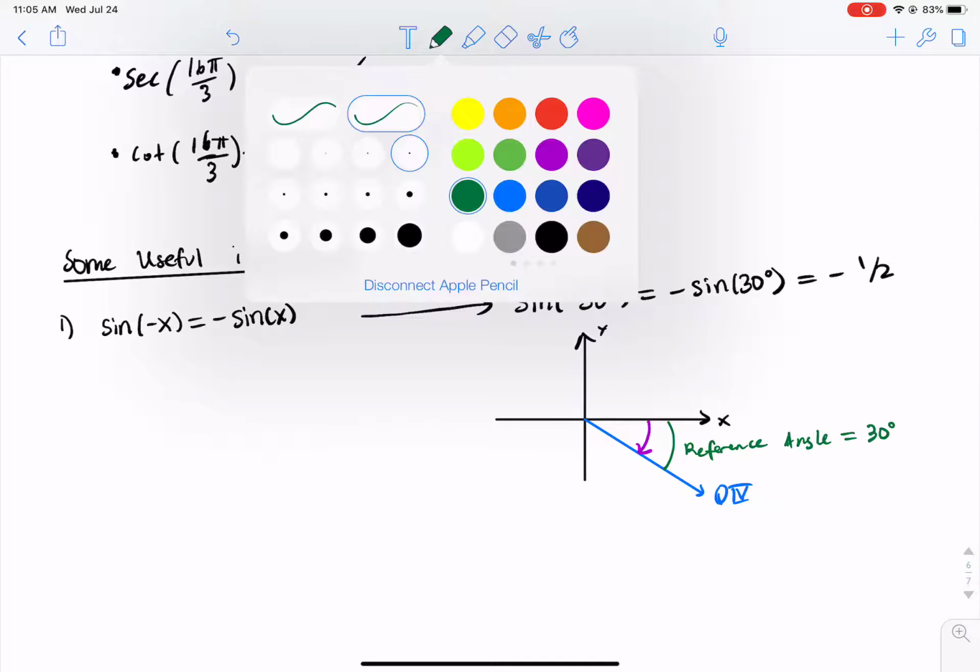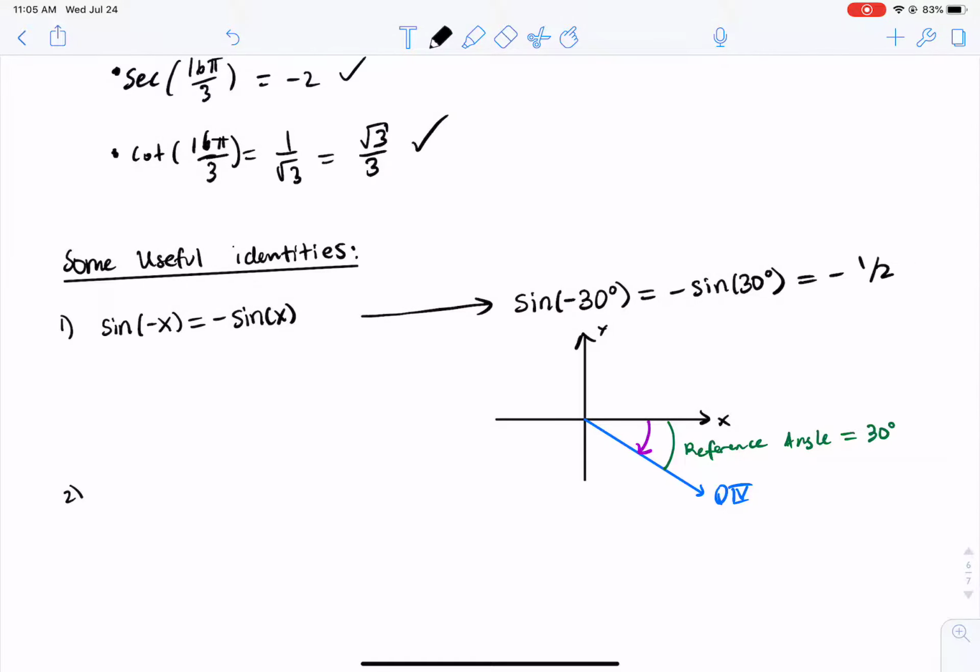And so the second one, number 2, we have cosine of negative x. Cosine of negative x is equal to cosine of x. Because it satisfies this property, cosine is known as an even function.